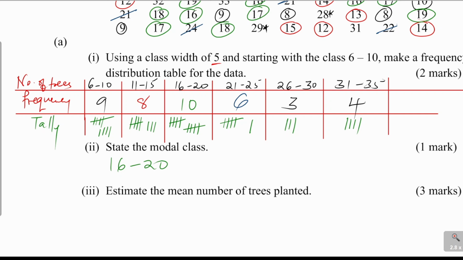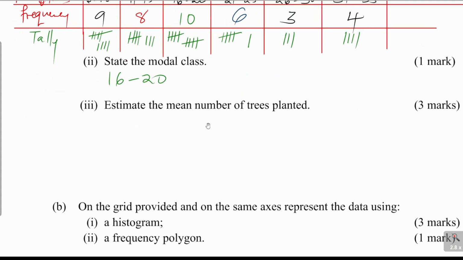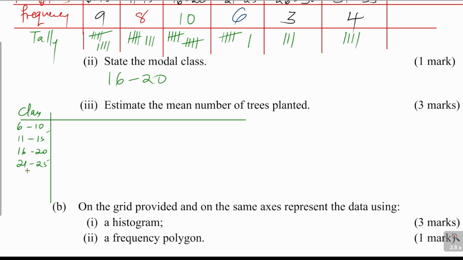Now to calculate the mean, I'll organize it in the form of a table for easier working. So we have the classes: 6 to 10, 11 to 15, 16 to 20, 21 to 25, 26 to 30, 31 to 35.